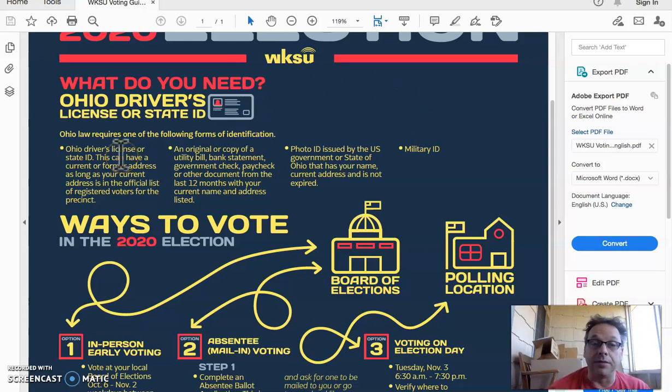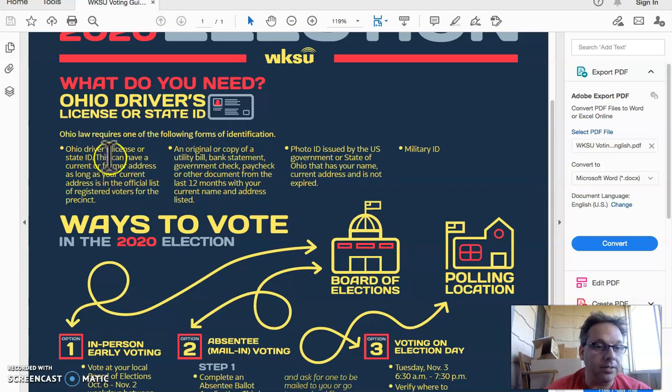And when I went to vote, my driver's license has my former or previous address. So while it can have your current or former address, you may have to supply another piece of identification with your current address, which takes us to this, right?